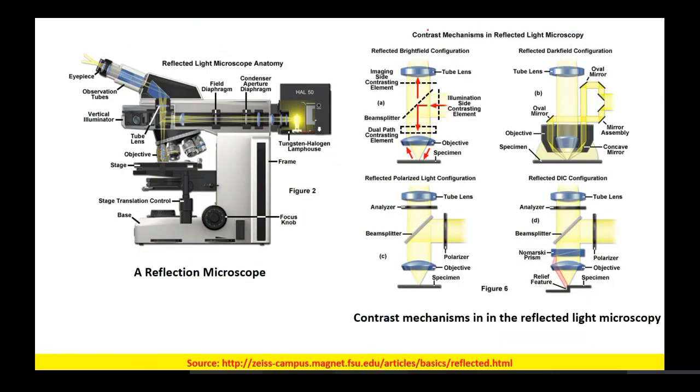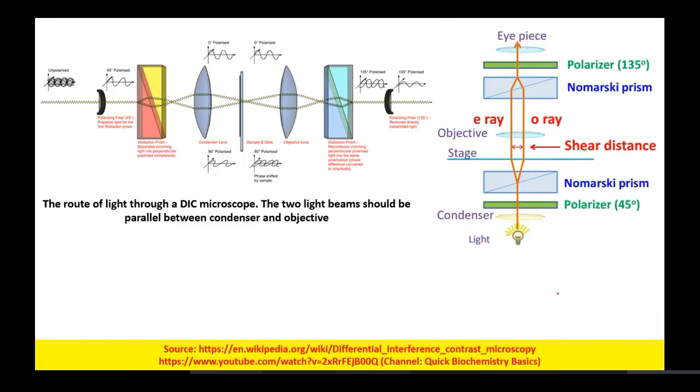Then we talked about different contrast mechanisms in refracted microscopy. I told you that we'll be discussing DIC microscopy in the transmitted mode. Light goes through the polarizer at a 45-degree angle, so the electromagnetic radiation being generated has an orientation of 45 degrees.